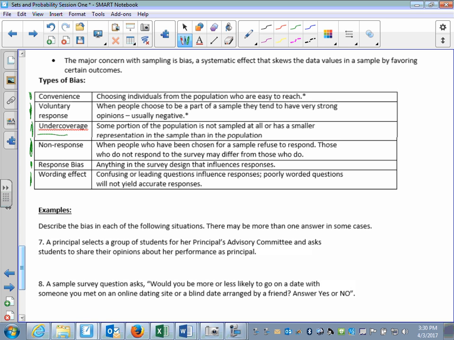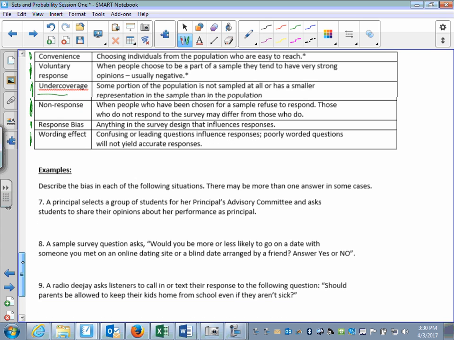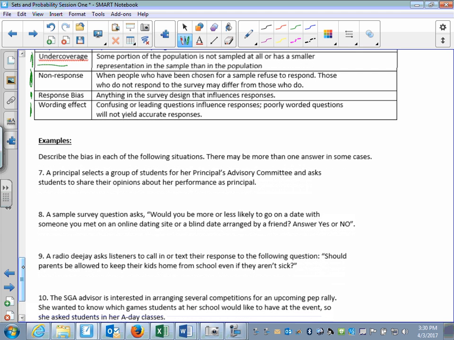I'm not sure which one this would be. It doesn't seem like a very good way to select a sample, but I think we would need to know more about who was asked the question and how they were asked the question. Maybe one of them up here, I don't really know. We probably need to ask Ms. Weaver on that one.